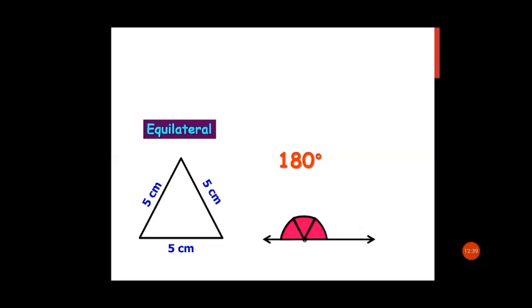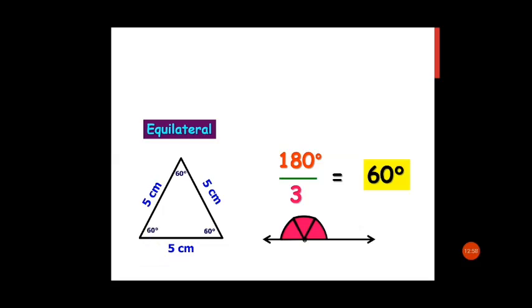I know the sum of the angles, and I want to know the measure of each angle. And I know that they are all equal. So I will divide 180 by the 3 angles to get the measure of one angle. So the measure of each angle of the equilateral triangle is 60 degrees.